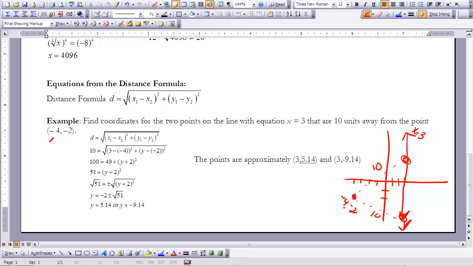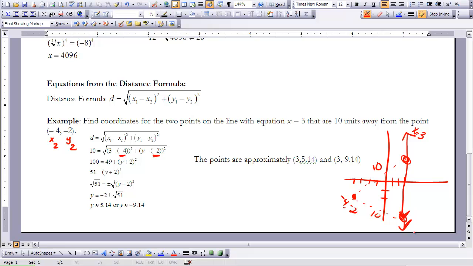I'm going to call this my x2 and my y2. So those are going to go into my formula here. I also know that my x coordinate is going to have to be on the line x equals 3, so I'm going to put that in there. I don't know my y value, that's really what I'm looking for.